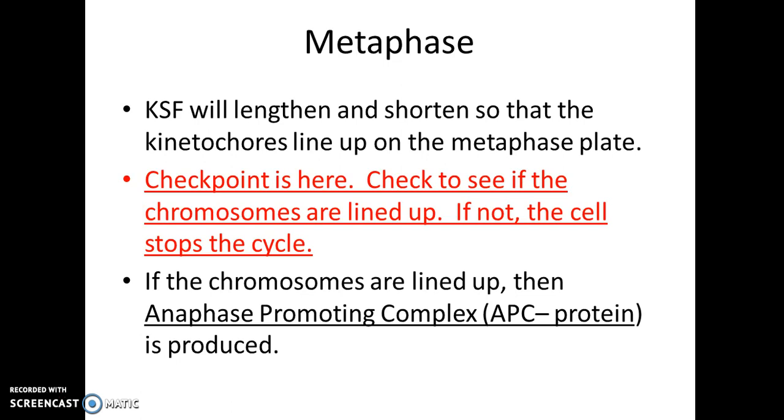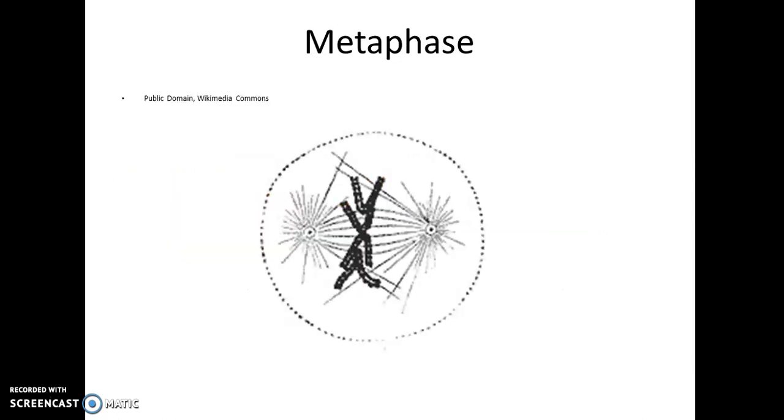It will stop the cell cycle right there. So the chromosomes have to be lined up in order for the cell to continue dividing. If the chromosomes are lined up, then there is a protein called anaphase promoting complex, or APC, that is produced during that time.